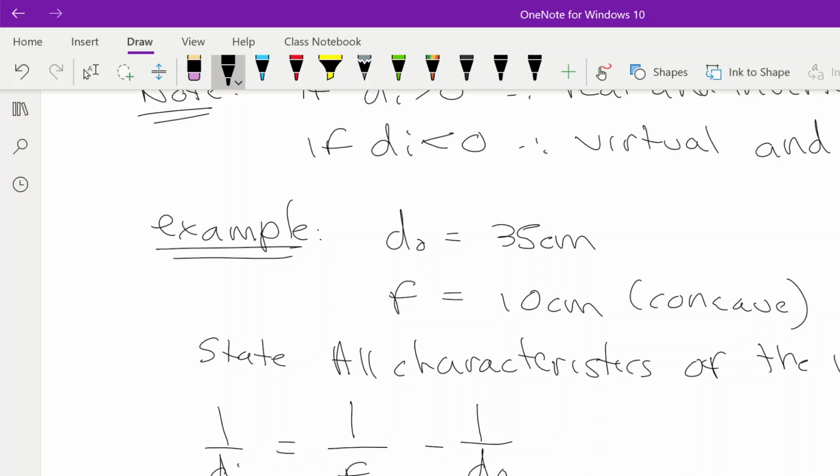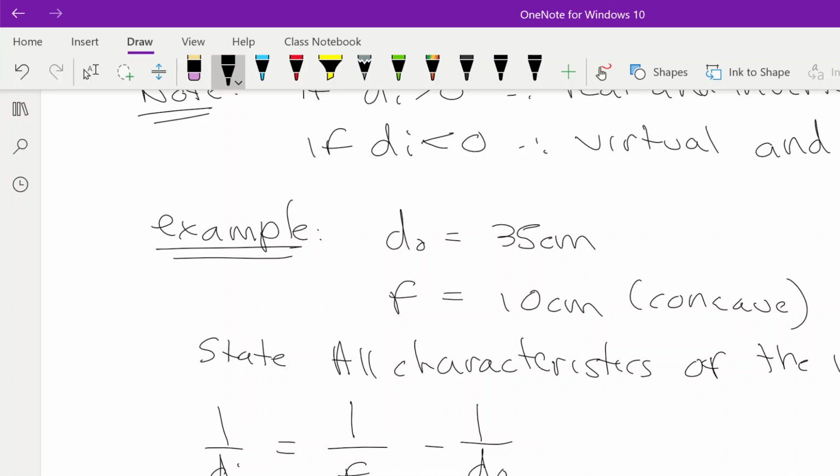I take the reciprocal of 10, so 10 and 1 over x minus 35 and 1 over x equals. Then I take the reciprocal of my answer, and I get that di equals 14. So now I've found the location of my image.